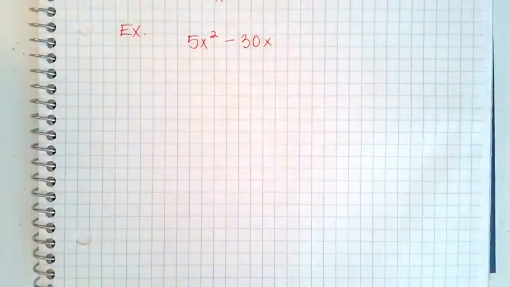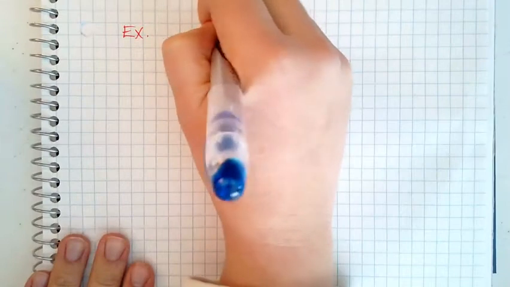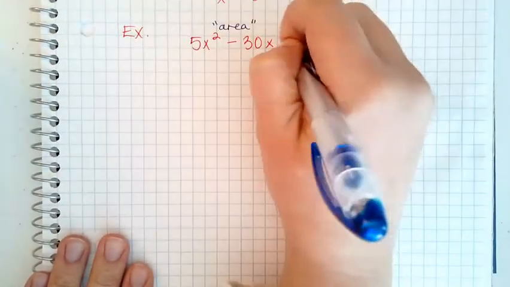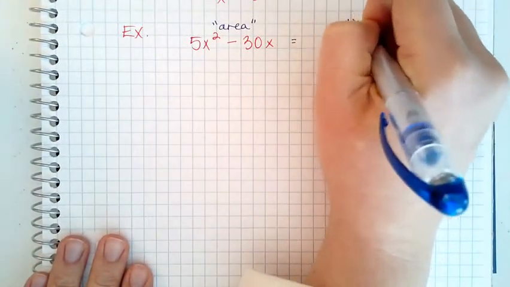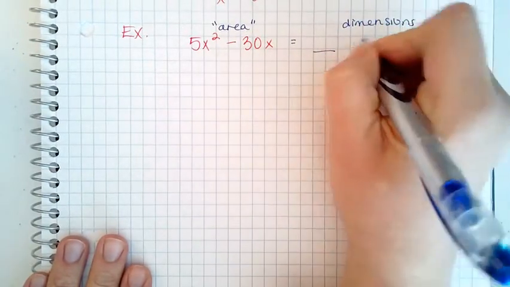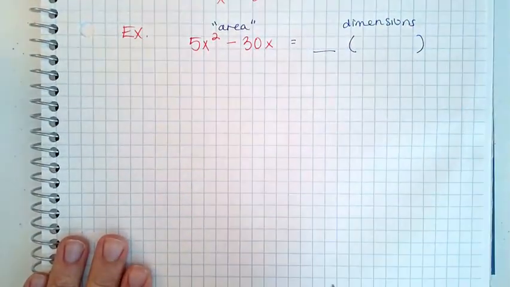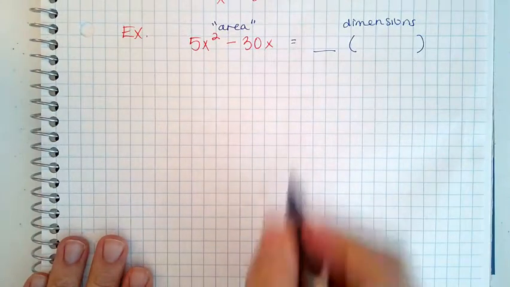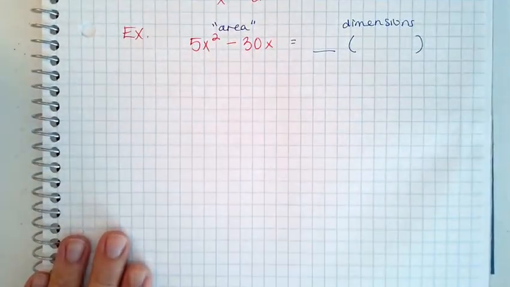So what we're given now is the area, and the answer is the dimensions. So our answer is going to look like something times something. Okay, and I could put that in parentheses.